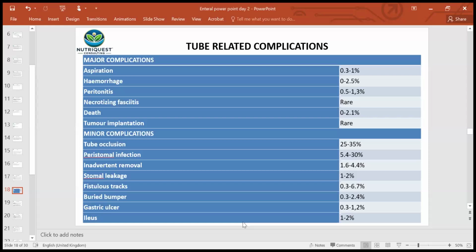Then we have stomal leakage, 1 to 2%, fistula, 0.3. Buried bumper, which we discussed yesterday, could be also 0.3 to 2.4, gastric ulcer, and ileus. So all these are the complications that can occur due to tube feeding.